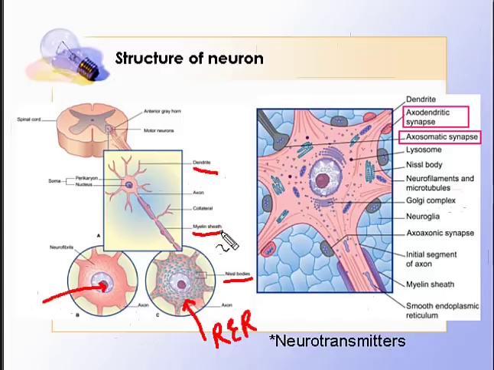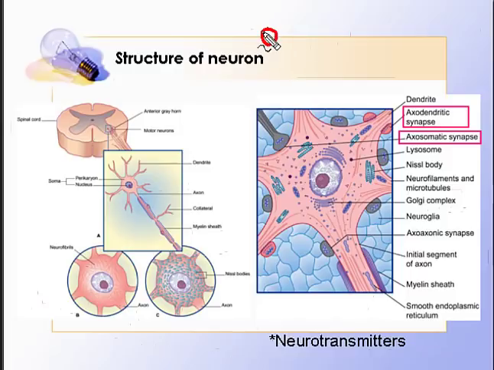Now also seen in this image is when one neuron makes contact with another neuron, we call it a synapse. So let's say you have one neuron, one multipolar neuron, and that has an axonal process. It makes contact with another neuron, and this region here is known as a synapse.